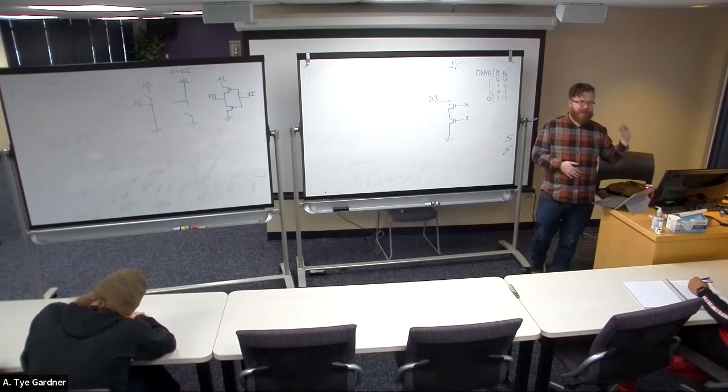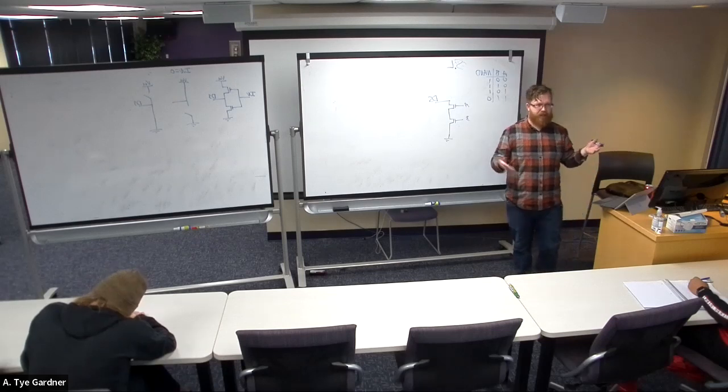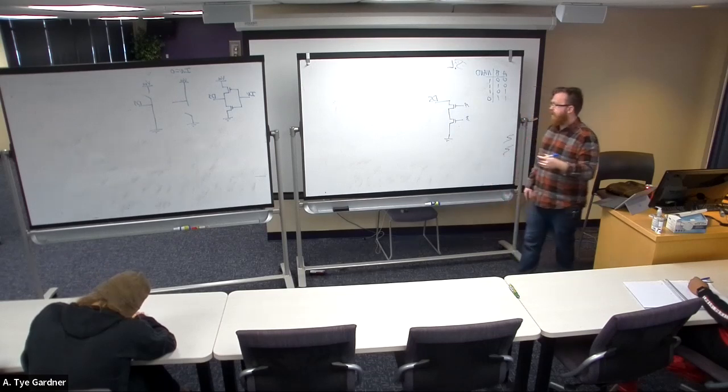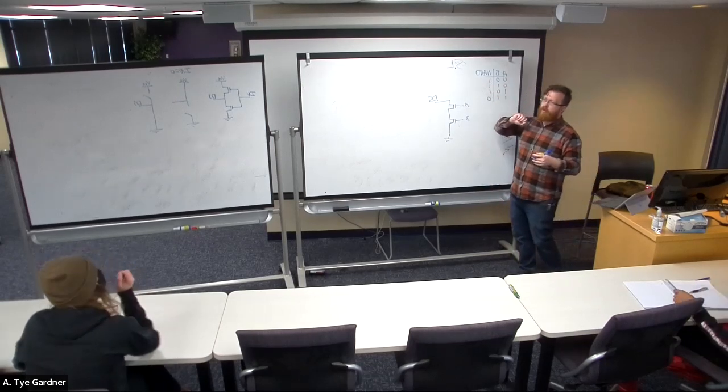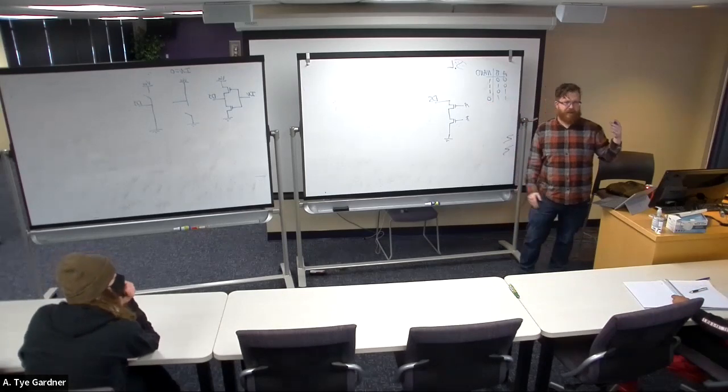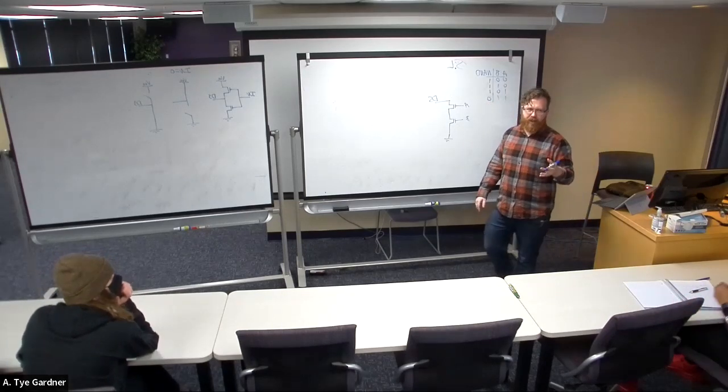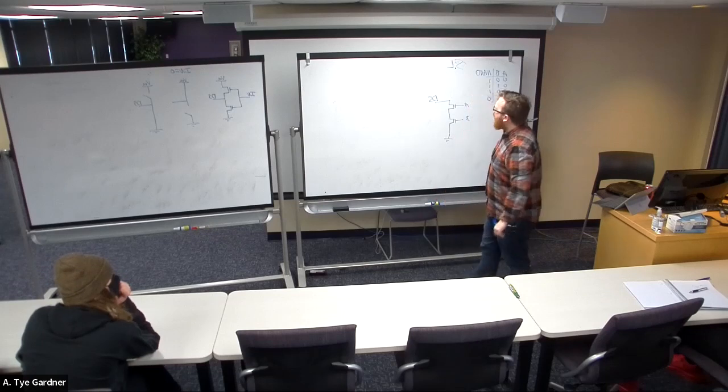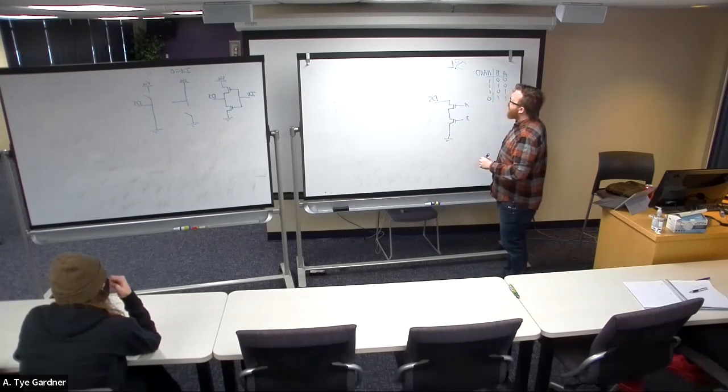If I don't write anything, we assume it's active high because active high is more common, and I prefer to do most of my design in it. I talk about active low because it's in the book. It's hard to read the book if I don't explain what they're talking about when you see this dot low. There is another notation that I think I've forgotten to tell you guys.